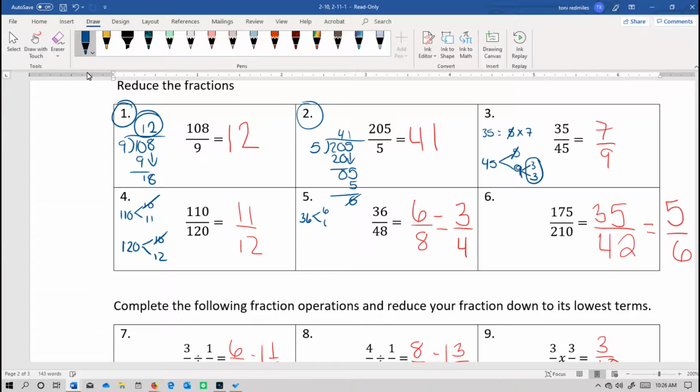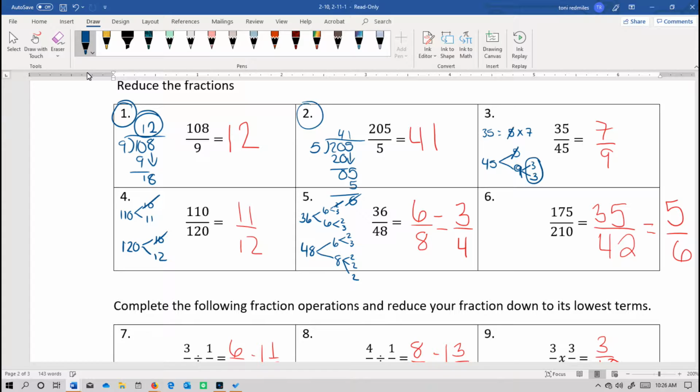36 is 6 and 6, which is 2 and 3, 2 and 3, right? And 48 is 6 times 8, which is also 2 and 3, and 8 is 2 times 2 times 2. All right, so we have lots of stuff we can cancel out.